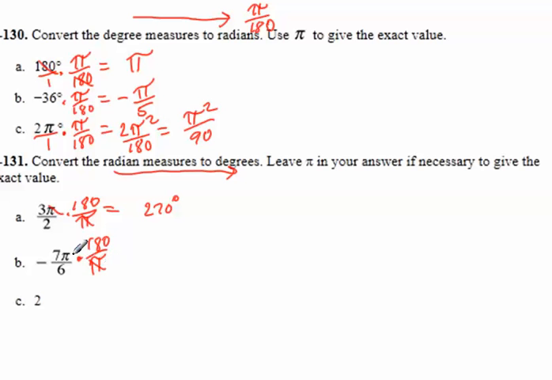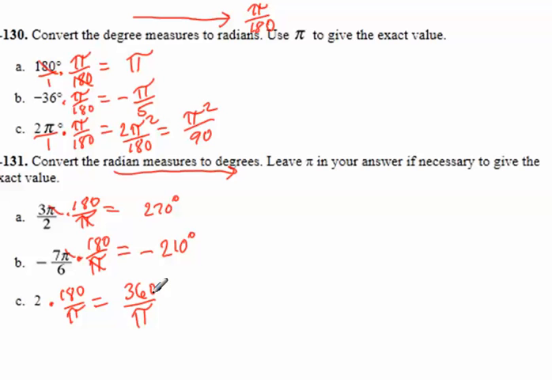Pi's cancel out, and we can simplify 7 times 180 divided by 6, and that's negative 210 degrees. And here, 2 times 180 over pi. This one seems really weird, but it works out. 2 times 180, 360 over pi.